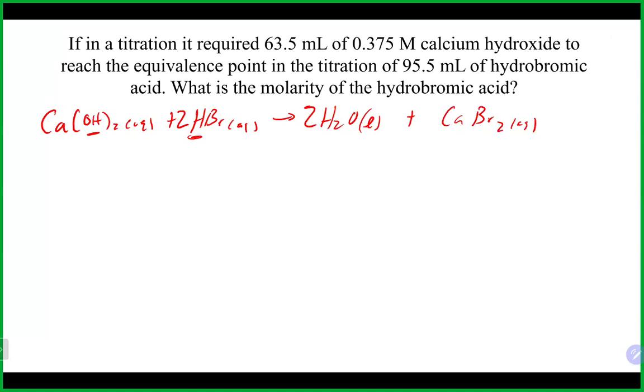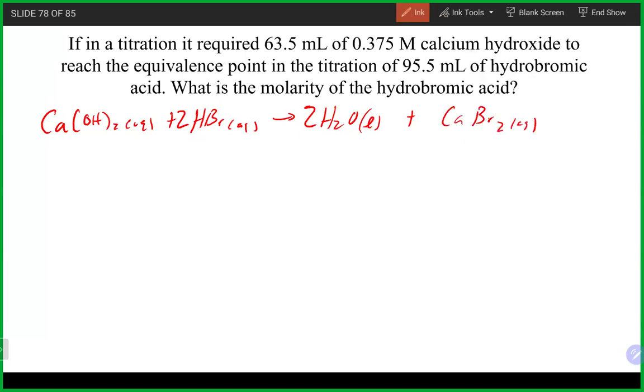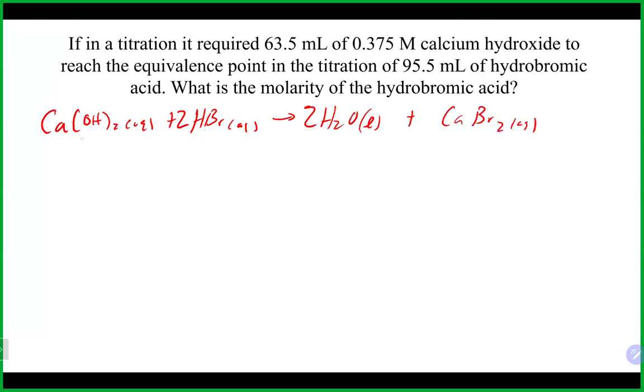Now that we have the equation, we can look at what was given to us and do an analysis of what's going on. For the calcium hydroxide, we have 63.5 milliliters, and we do have the molarity of 0.375. For our HBr, we have 95.5 milliliters, and we are looking for the molarity. So first off, it's definitely not a limiting reagent problem, as we're looking for the other reagent.